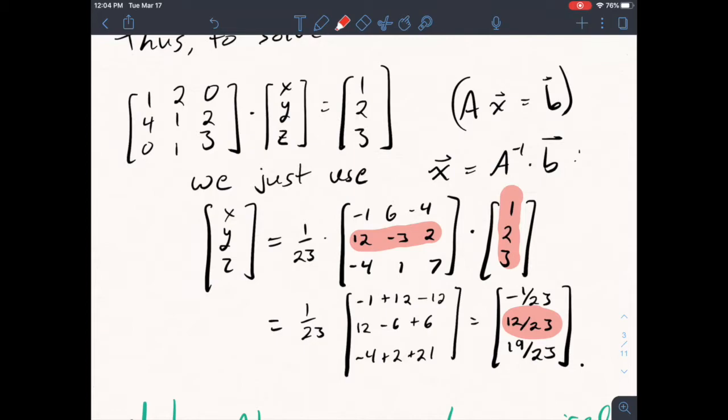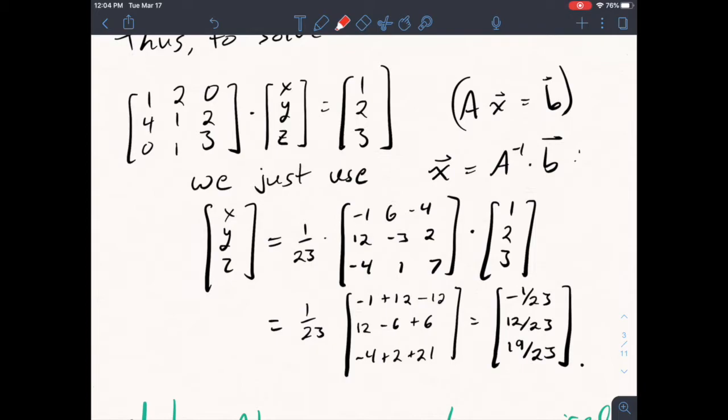So I should get 12 plus -3 times 2, which is -6, plus 2 times 3, which is +6. So 12 minus 6 plus 6, that is equal to 12. Those 6's are going to cancel out. And then don't forget, I'm multiplying by this 1 over 23 on the outside. So I should divide my 12 by 23 for our final answer.